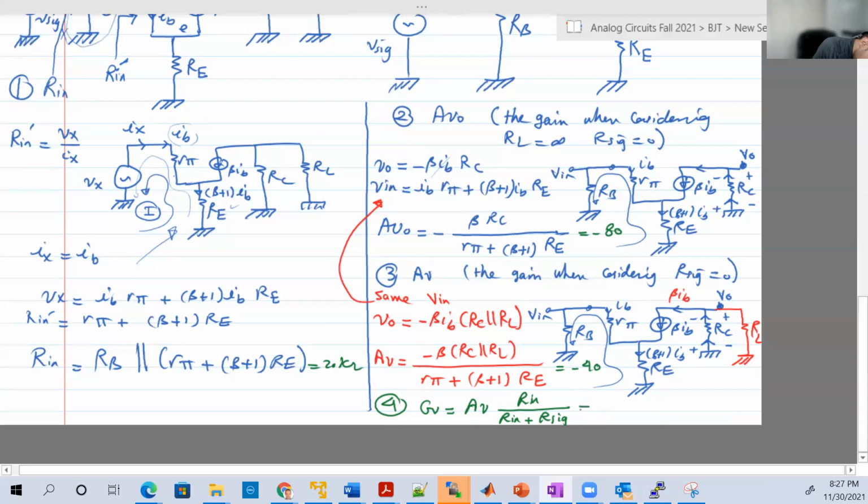And GV will be even less, minus 20, because our input is equal to our signal. Okay, so that's basically the requirement for this homework.